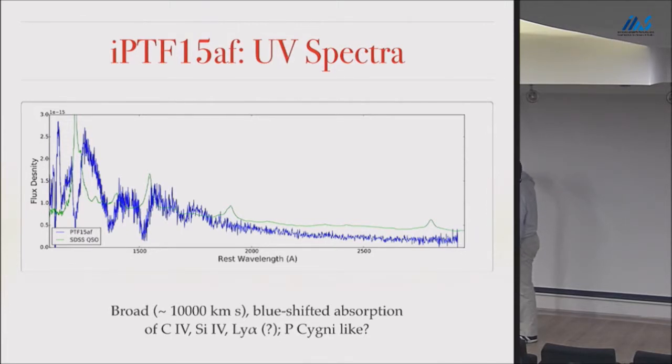This is plausible. This is some kind of carbon-4. This corresponds to where we see carbon-4. This is where Lyman alpha is in the rest frame, silicon-4. They look sort of P Cygni-like. I don't know, it depends on exactly what you assume for what the continuum looks like.